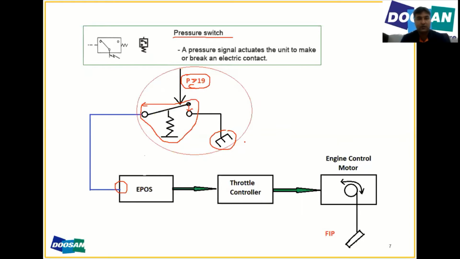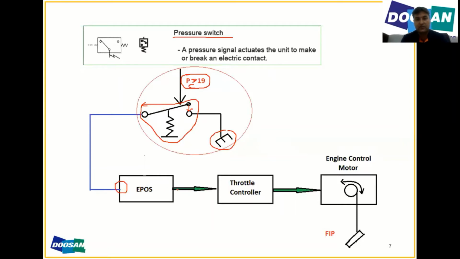Now, when it connects or disconnects the ground to the EPOS, what happens? When it connects the ground to the EPOS, the ground signal comes to the EPOS, so EPOS comes to know that the operator has started work.